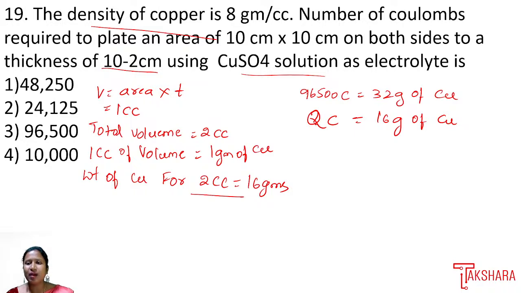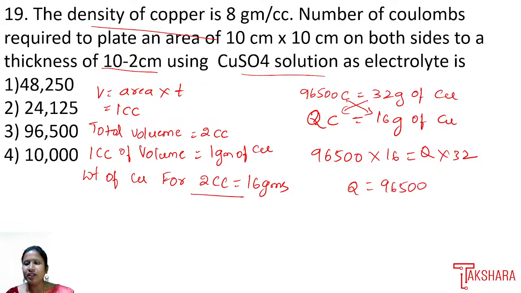If we do the cross multiplication, 96,500 into 16 is equal to Q into 32. So Q is equal to 96,500 into 16 divided by 32.